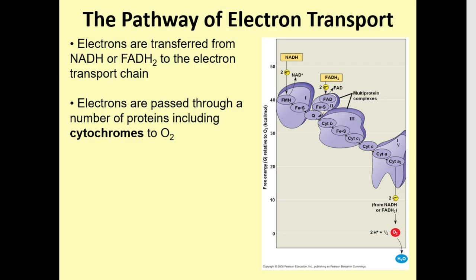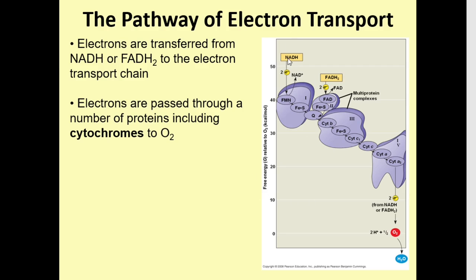When the electrons are up here and oxygen is down here, the electrons have potential energy, just like the glass on the table or the ball at the top of the hill. And what they want to do is go straight down to oxygen. And as they get closer to oxygen, they give off that potential energy that they have stored up here.